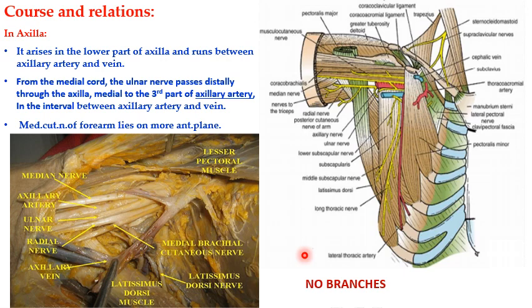In axilla, it does not give any muscular branches, but it does give vascular twigs to the related vessels, and that is the axillary artery and the axillary vein.